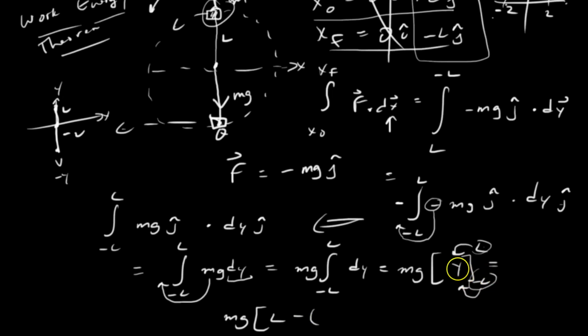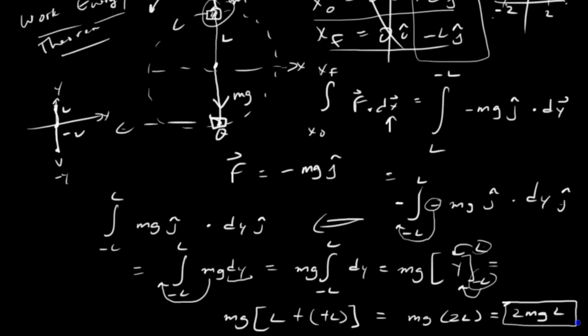So instead of y, it's going to be negative L. Negative negative is going to be positive, so it's just going to be mg times 2L. So it's going to be 2mgL. That's our answer. That's the integral that we just took. So let me give myself a new page.